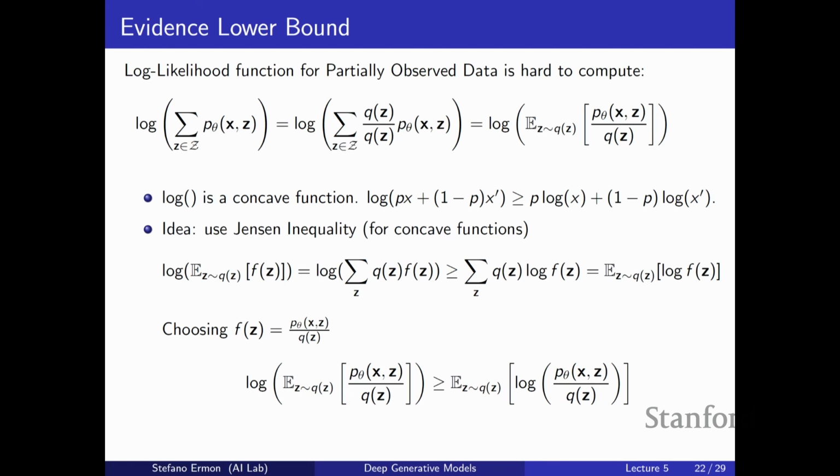And what we will see soon is that the choice of Q, the way you decide how to sample the latent variables, basically controls how tight this lower bound is. So if you have a good choice for Q, then the lower bound is tight, and this basically becomes a very good approximation to the quantity we actually care about, which is the log marginal probability.